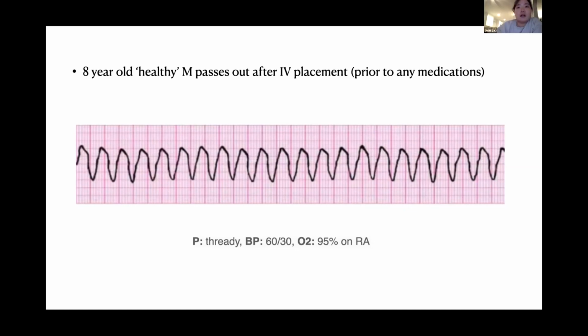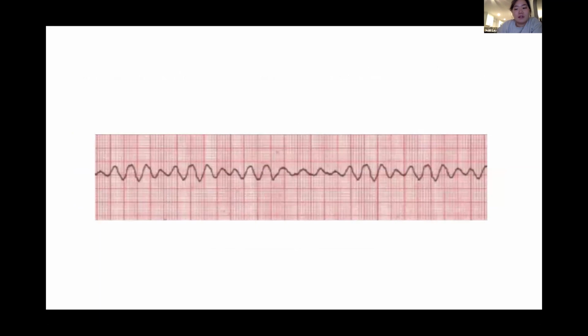Okay. You do that, and it still doesn't work, and now you have this. What's going on now? This looks like polymorphic VTAC, progressing towards VFib. So what would your next step be?